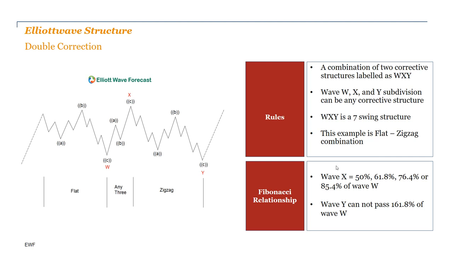It can happen in weekly, it can happen in daily, all the way to 1 hour and even lower time frames than that. Now the Fibonacci relationship: the X usually is between 50% and 85.4% of the W. So from the starting point of this W, the X usually is either a close retest of the previous peak, or it can just go to the 50% or 76.4%, 85.4% of the W. And then the Y can be 61.8%, it can be 100%, and so on, but usually it does not pass 161.8%.